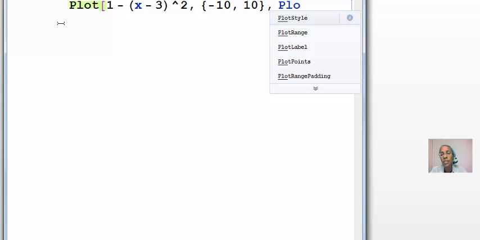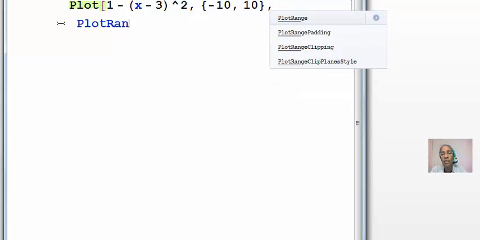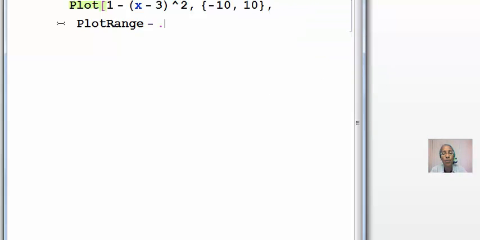A lot of times you don't have to give a range of y's, but if you do, that's called PlotRange. So notice the P has to be capitalized and the R, that's one word, PlotRange.